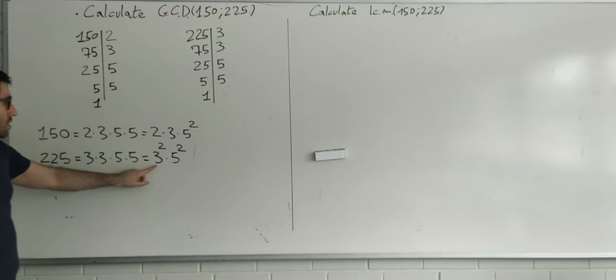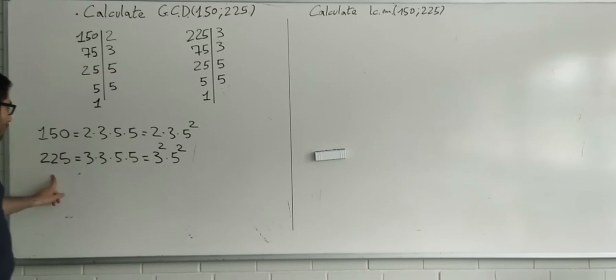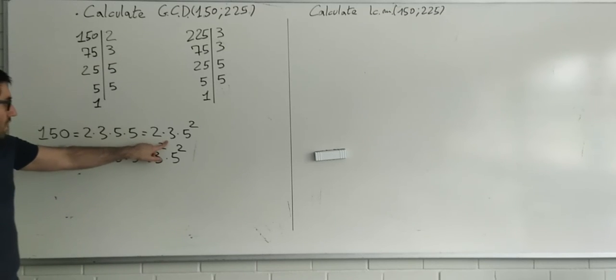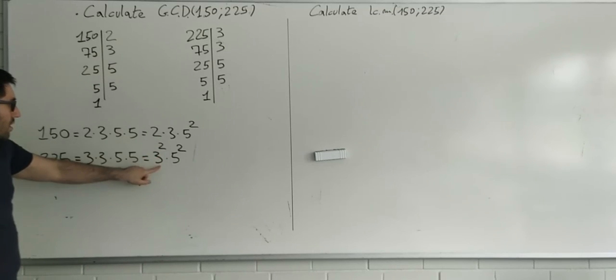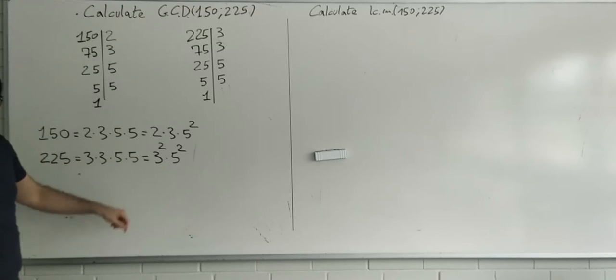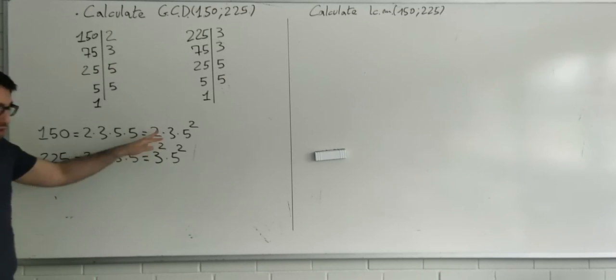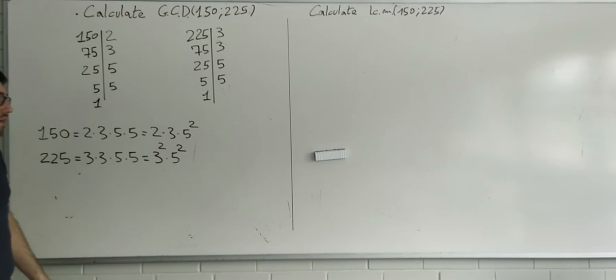We see that 2 is not present in the factorization of 225. Therefore, we have to exclude it from our greatest common divisor. Let's now see that we have 3 here and 3 to the power 2 here. So we can take 3 for our greatest common divisor, but we have to take it with the lowest exponent.